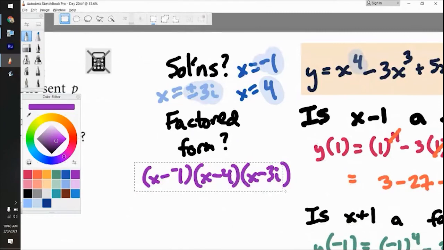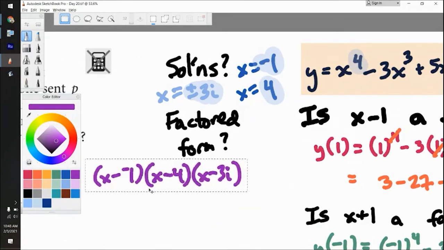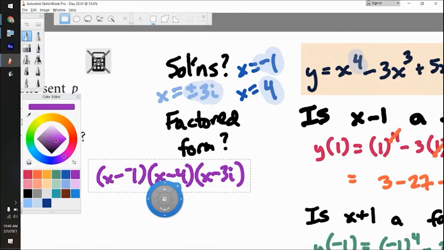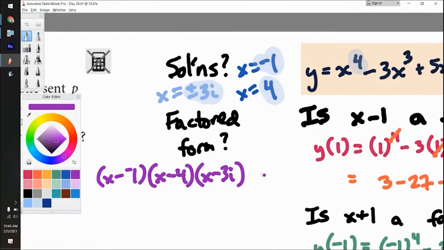I ran out of room. Then times x minus negative 3i. If you do not want to do the minus negative, then just simplify it right away.